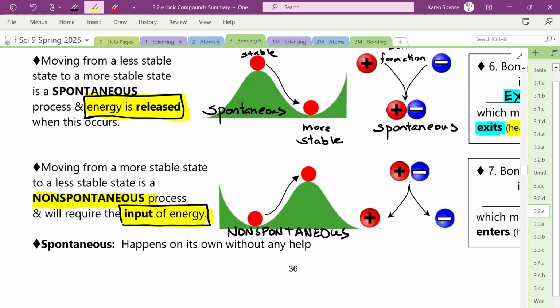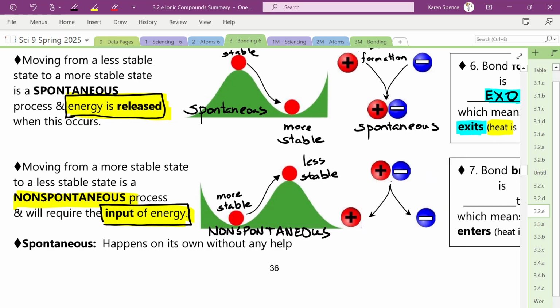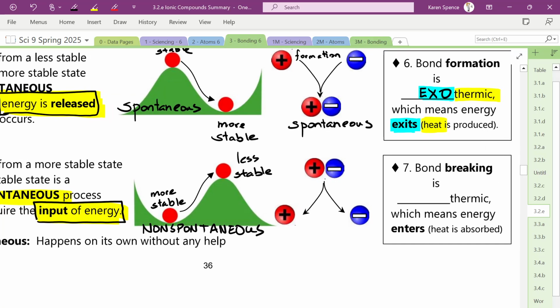That's going from more stable to less stable. And the same thing is happening. If we rip those ions apart, we have to put energy in.